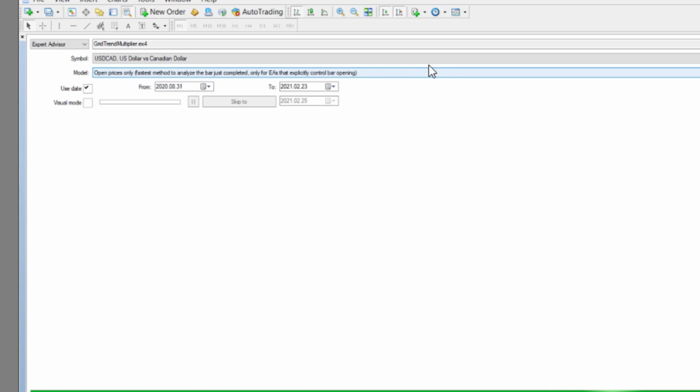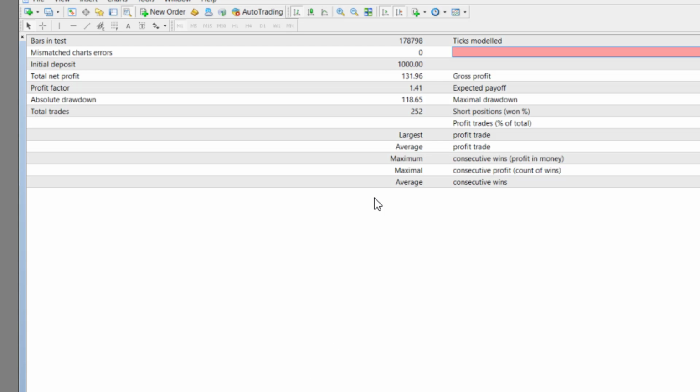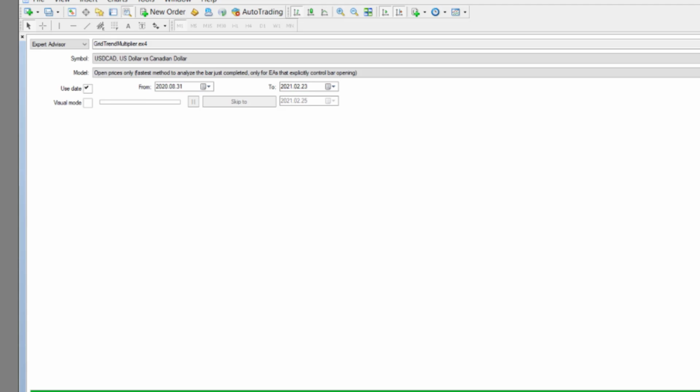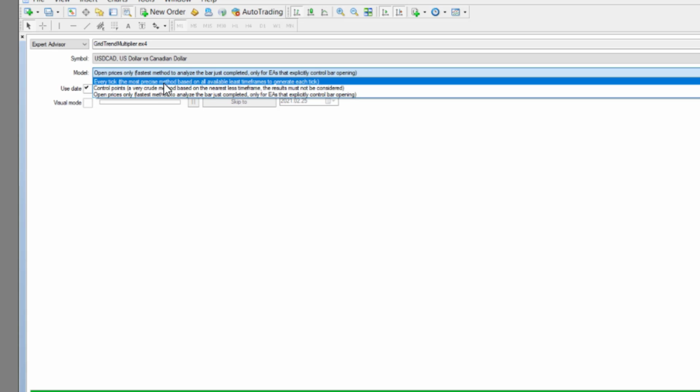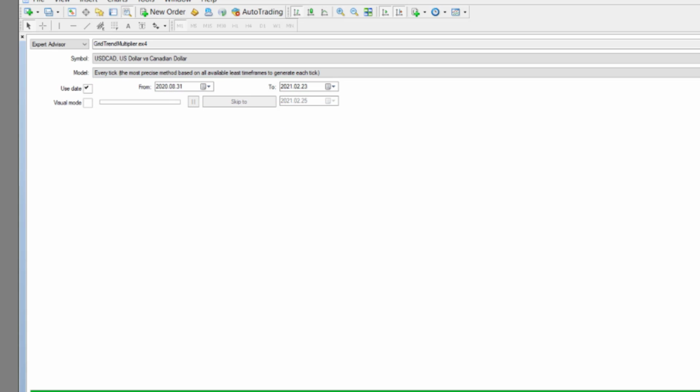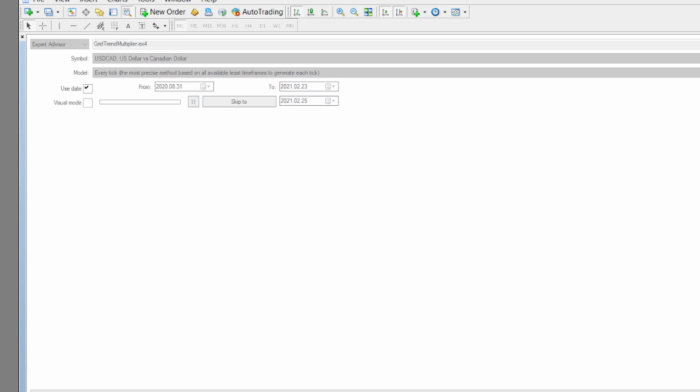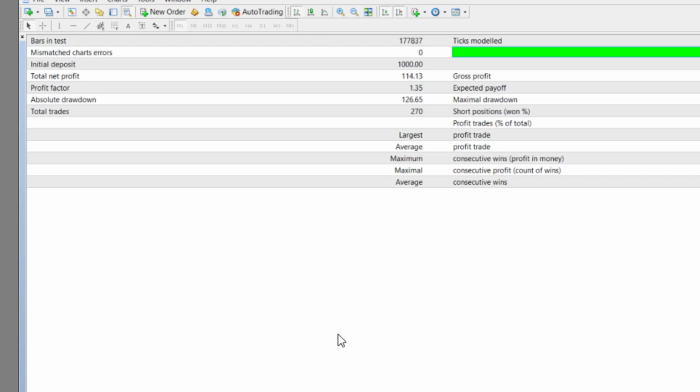One final test that I'm going to do is we've found 131 as our best improvement. What I'm going to do is double check it by running the every tick version of those settings, just to make sure that there's no major difference between the findings. Okay, the results of the tick testing has come out, and it's 114.